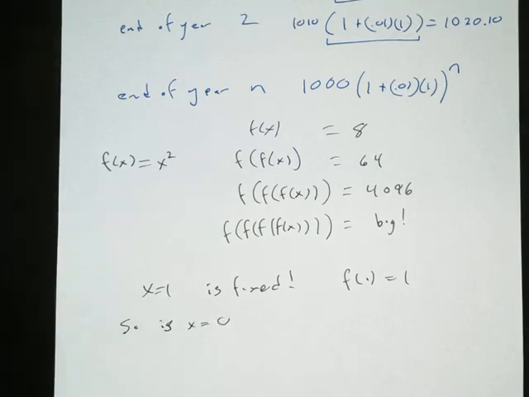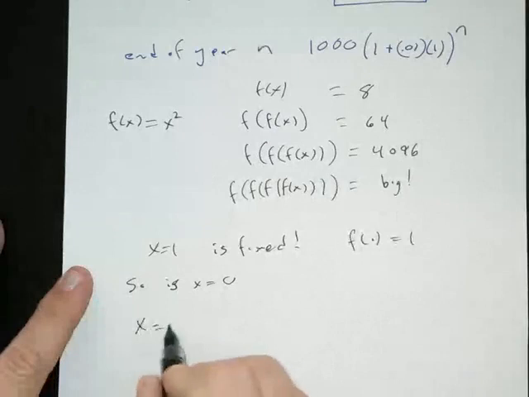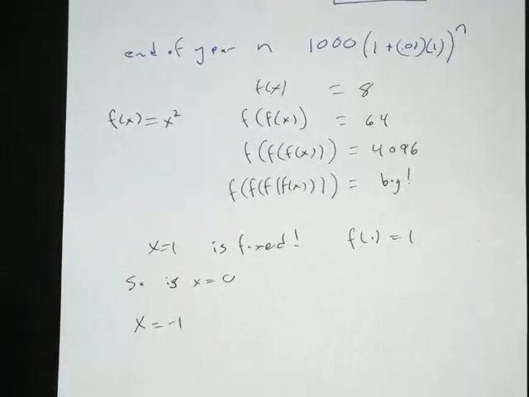But there's another number that eventually stays fixed. x equals -1. Because -1 squared is 1, and then you're stuck at 1, right? If you just keep squaring, you're never going to escape 1.